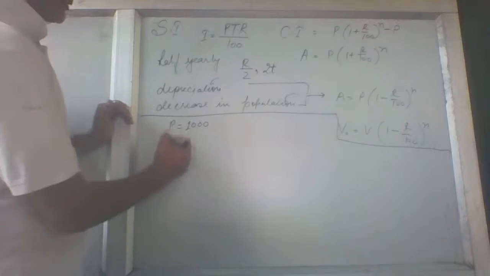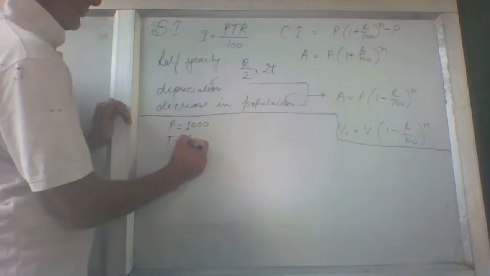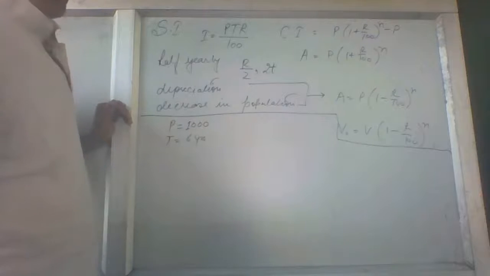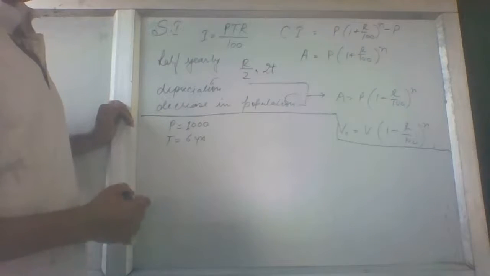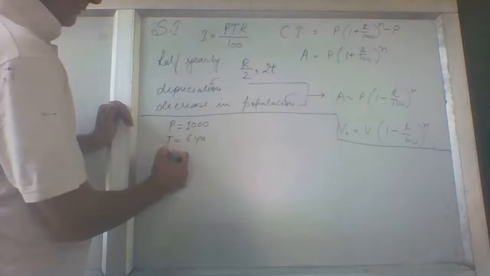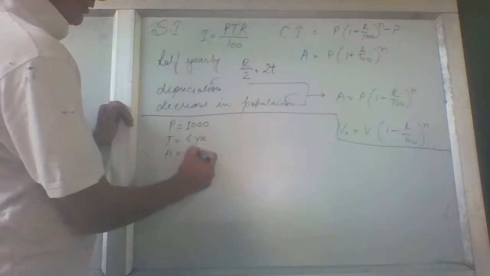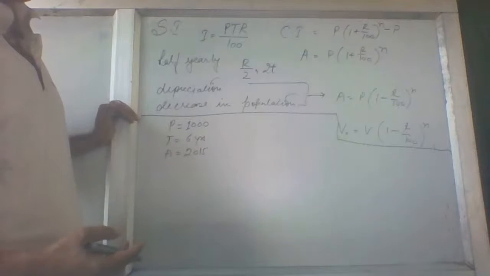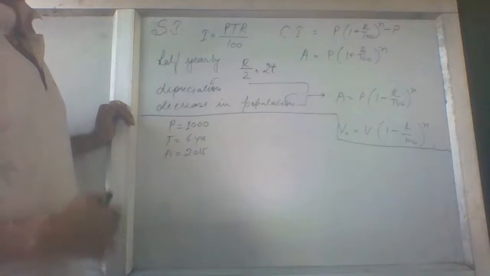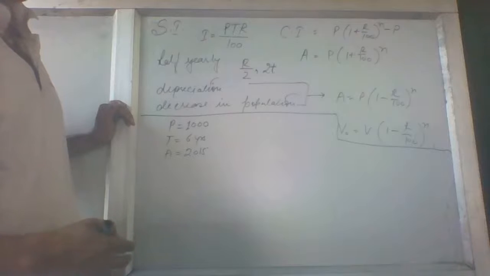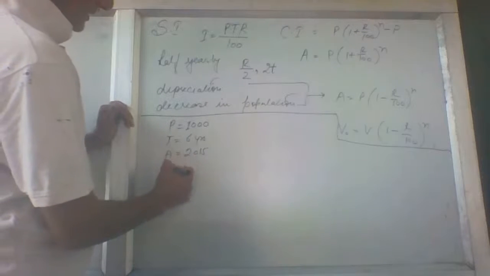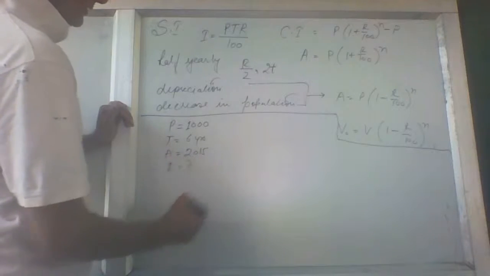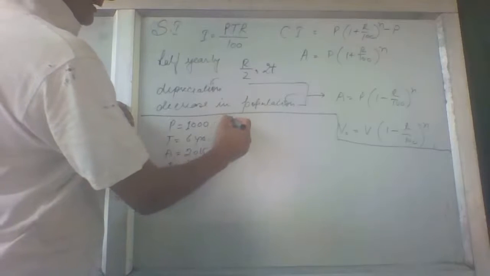After 6 years, means time 6 years, that person gets 2015 rupees. Means amount is equal to 2015 rupees after 6 years. Find the rate of interest if the interest is compounded half yearly.